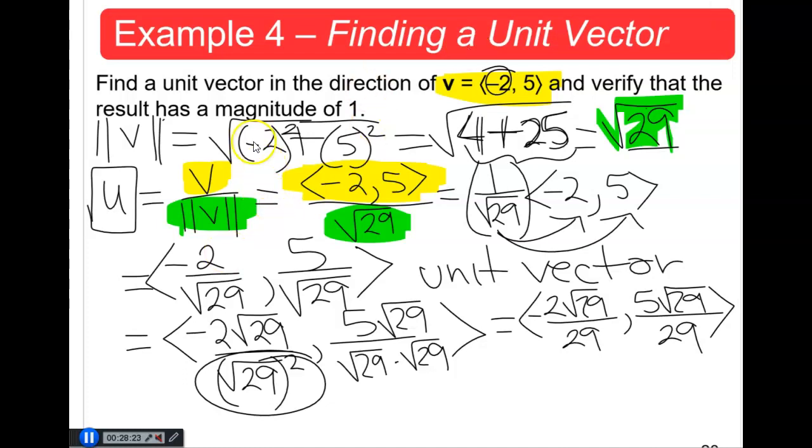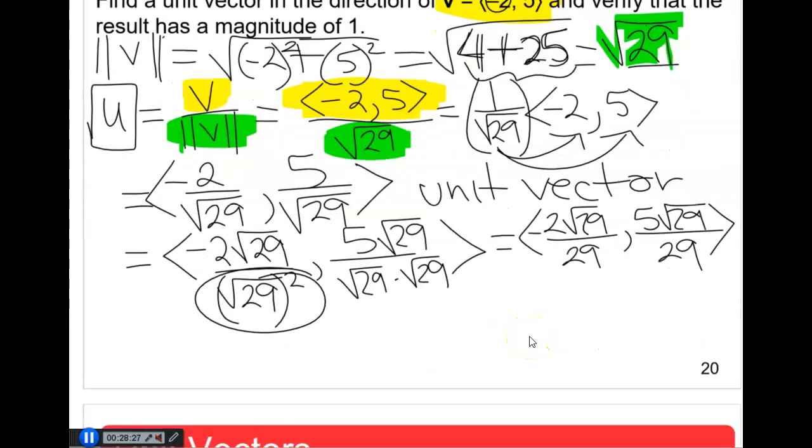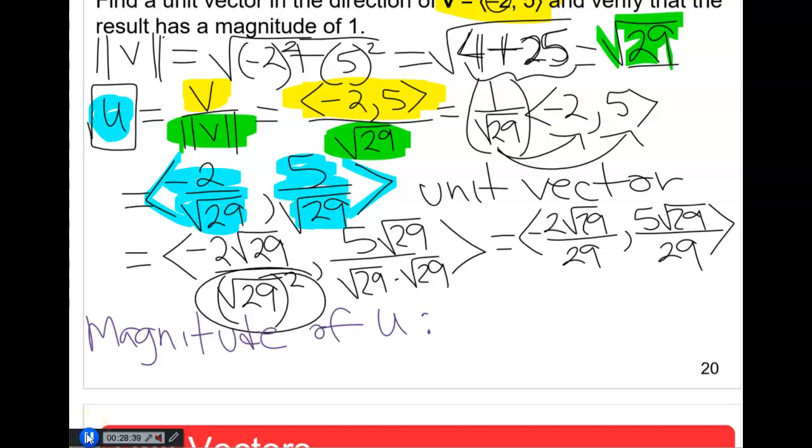Now, to verify that the magnitude is equal to 1, I'm actually going to use this form of the unit vector, the one before we rationalize it. So to find the magnitude of u, like I was saying, we will use that vector, which is the same as this one, before rationalizing the denominator.